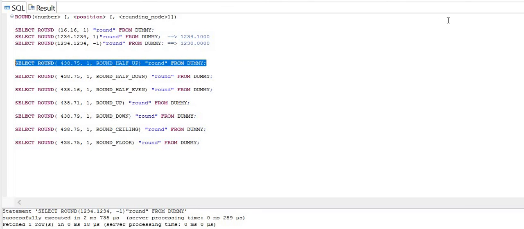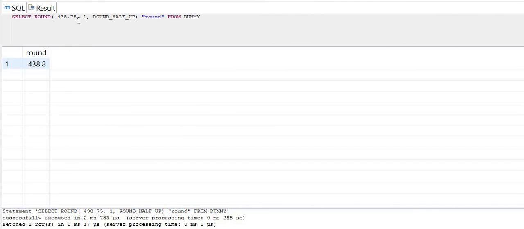Let me just execute this. You can see that 7.5, and here only one decimal will be displayed. One decimal has been displayed, and round half up means the next available round figure.